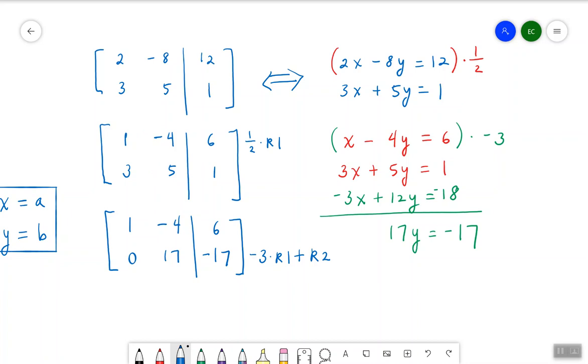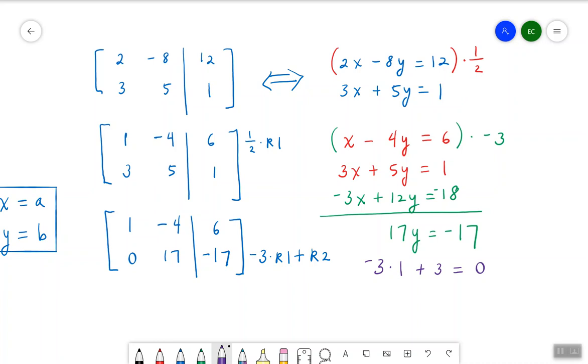All right, so what I said is I want to do -3 times row 1 plus row 2. And when I do that, I'm going column by column. So -3 times the first entry in row 1 is -3 times 1 plus the entry in row 2, that's 3. So -3 times 1 plus 3 is 0. And so that's what I have here.